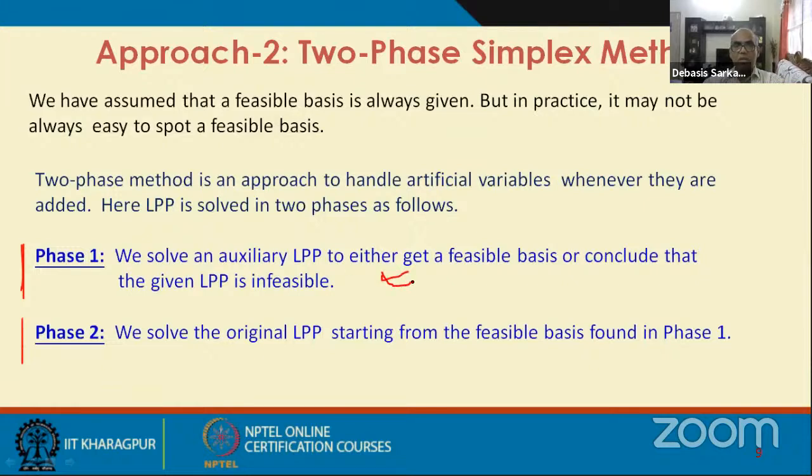Phase 1 will be solved, we'll see, with a modified objective function, but not similar to the big M method. And phase 2 will continue with the original objective function. So let's go through this in some detail.